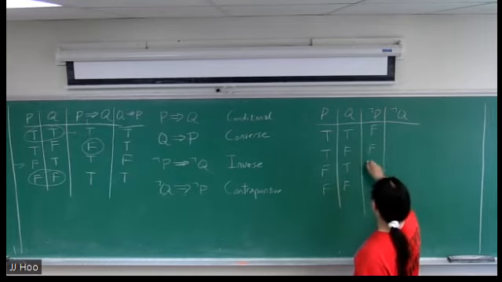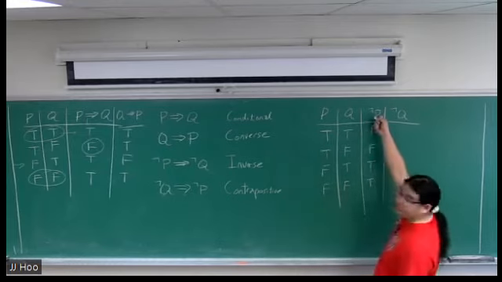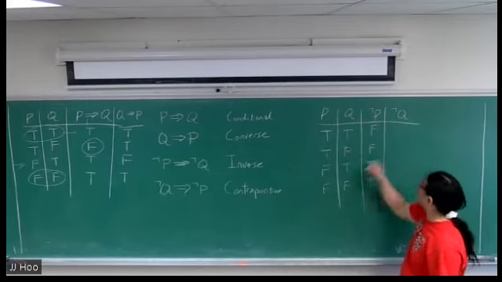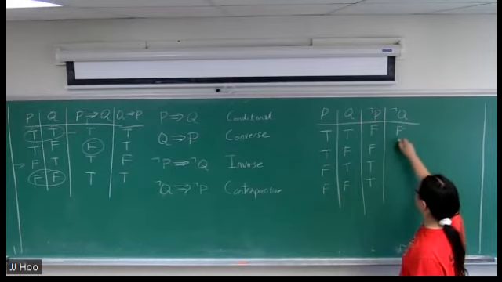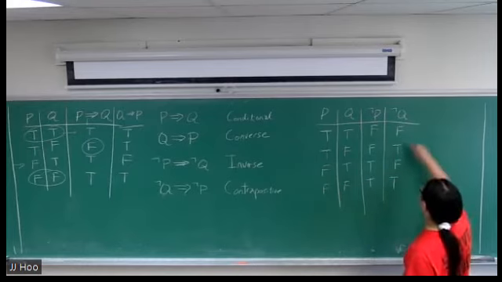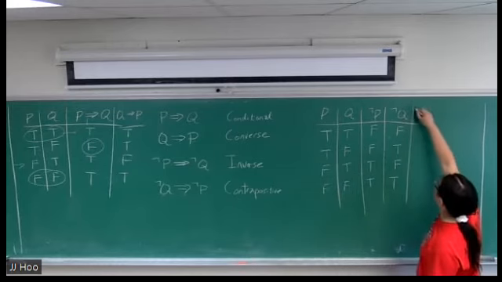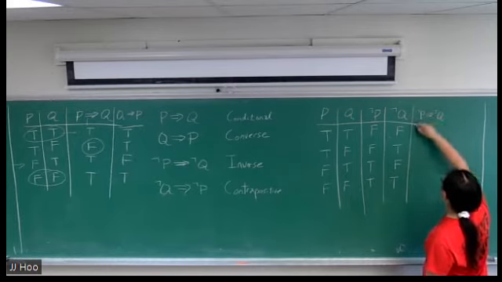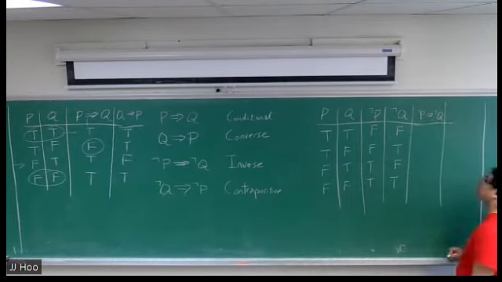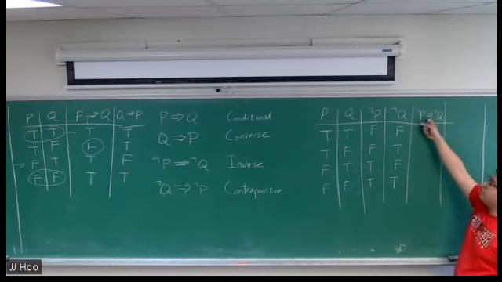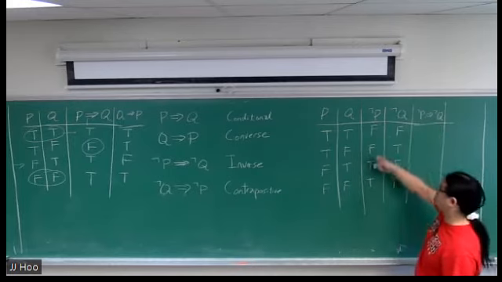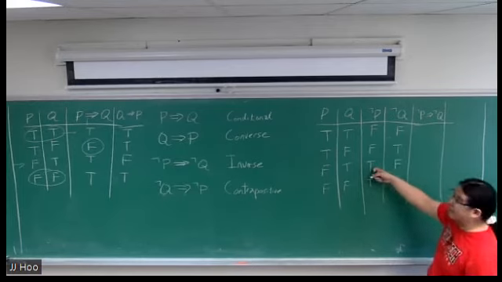Not P is basically the opposite truth value of P, and then same thing for Q. And then we have not P implies not Q. Remember, the only time this is false is if the premise or the hypothesis is true and the conclusion is false.